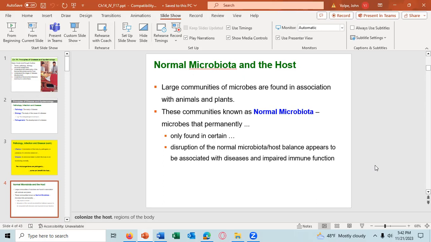And once they get established, many of the normal microbiota live for most, if not all, of the host lifespan. Occasionally, when patients are very elderly, they can lose their normal microbiota. And usually what happens is a pathogen gets established and then grows so well that the pathogen excludes the normal microbiota.